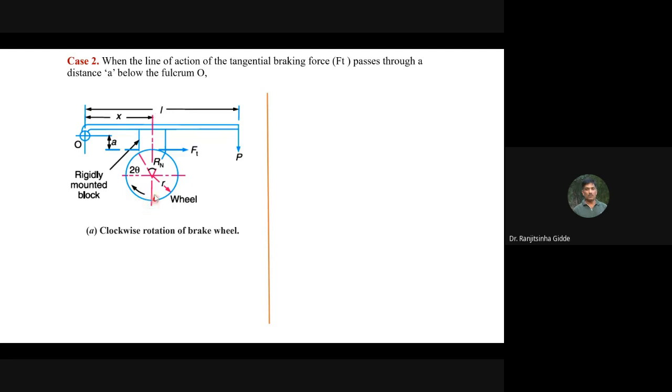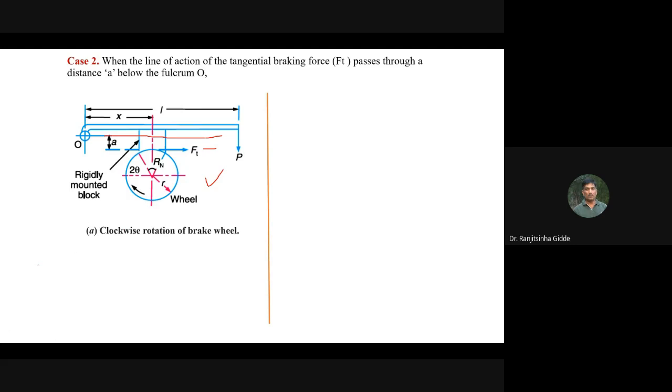and this much offset is provided, so this is the line passing through the fulcrum. Now in this case, by considering the equilibrium condition, we can write like this.